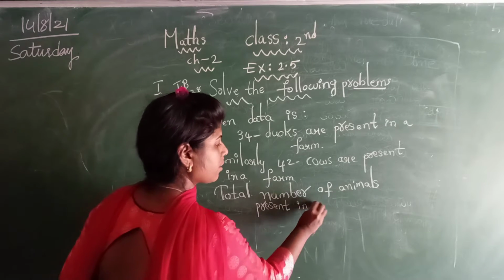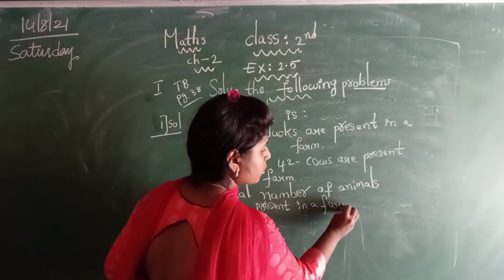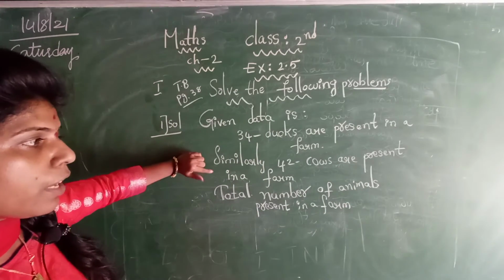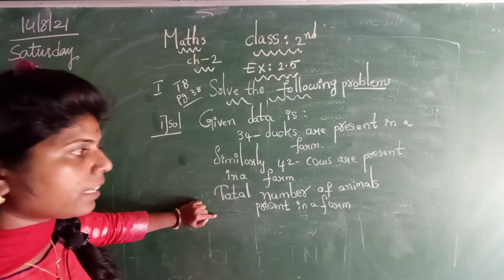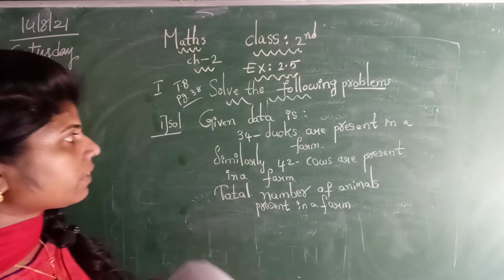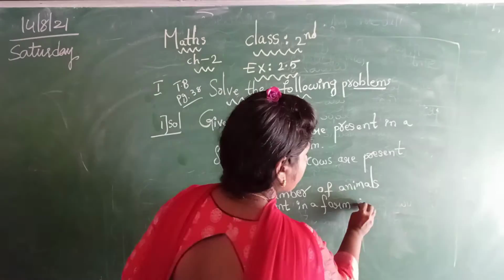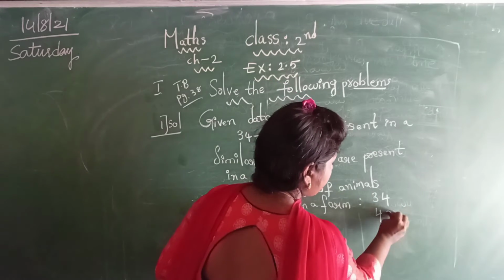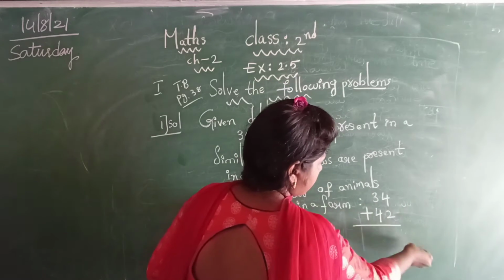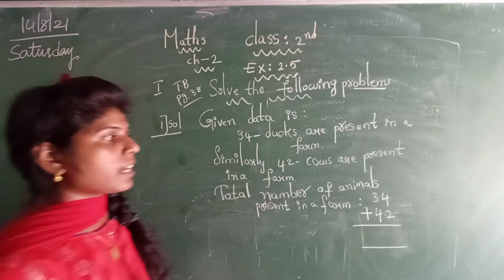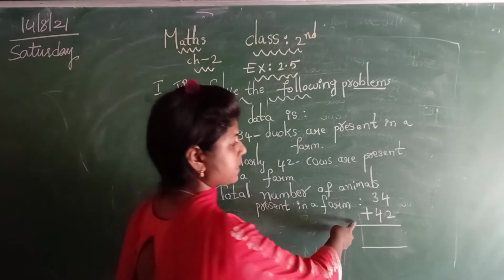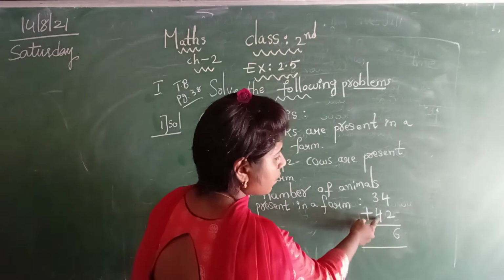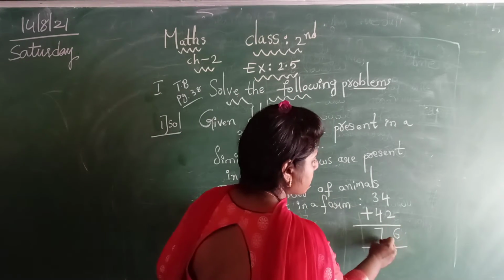So you have to do the addition, right? You are calculating the total number of animals present in a farm. What is the number given here? 34. And the next one is 42. So do the addition. This is addition, so you place the plus symbol. 4 plus 2, how much? 6. 3 plus 4, how much? 7.